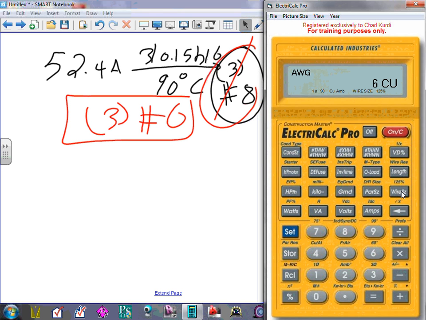I size based on continuous load first, put it aside, then go do the rating, and you choose the one that's larger. You don't do both of them at the same time, or you end up with a bigger conductor later on, because it takes the 54 amps and derates those amps, upping it. So first size based on continuous load and find the conductor, then size based on the rating, and choose the one that's larger.